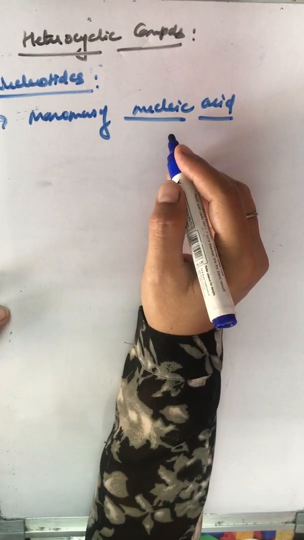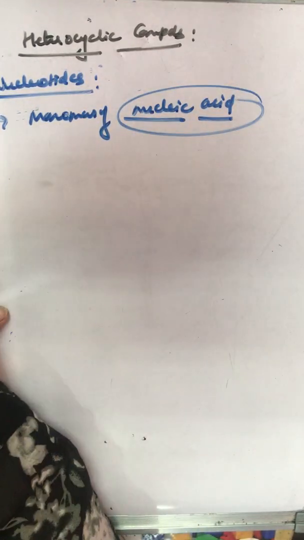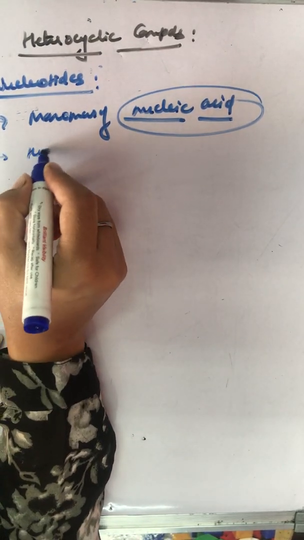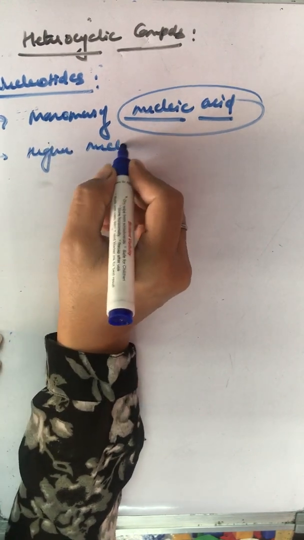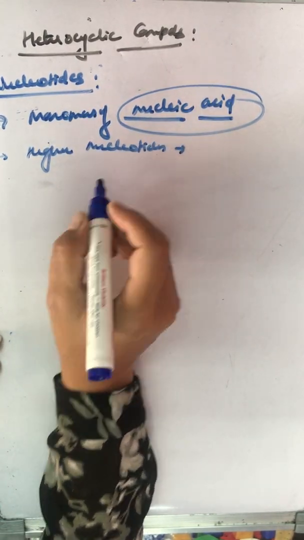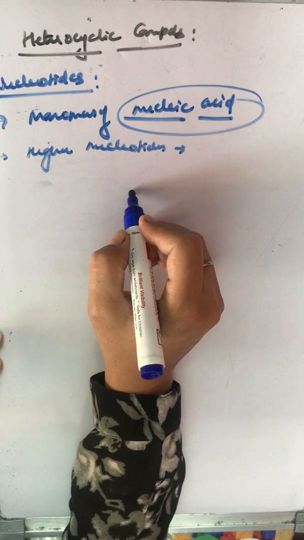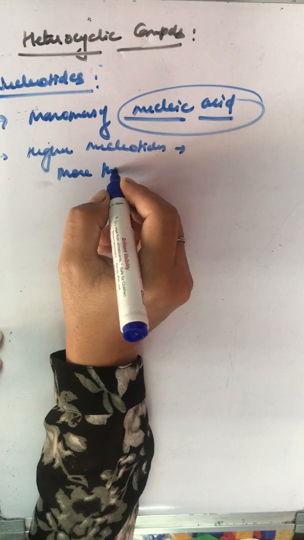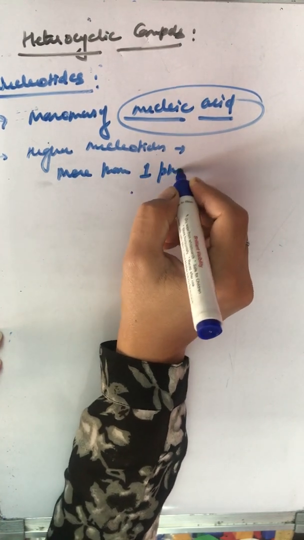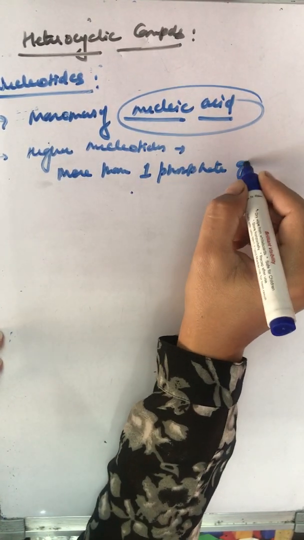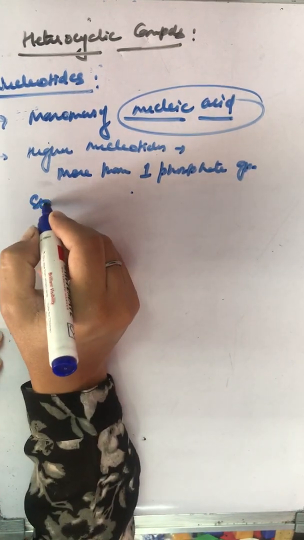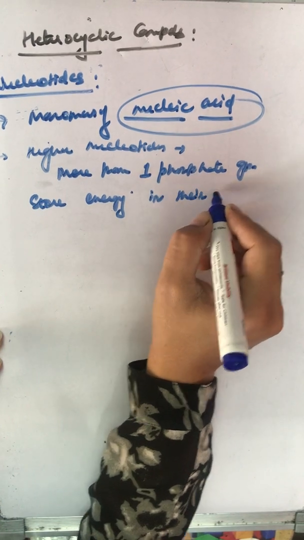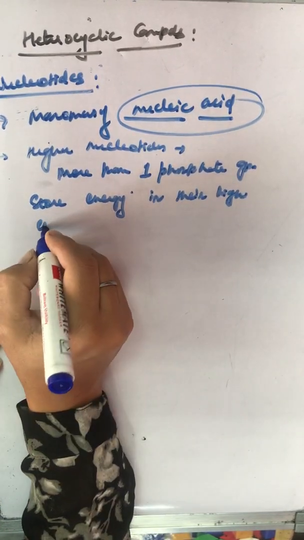Then higher nucleotides, with more than one phosphate group, basically store energy in their high energy phosphate bond.